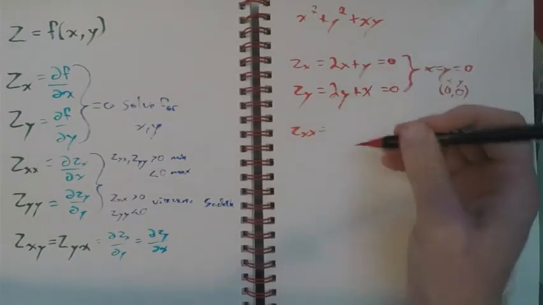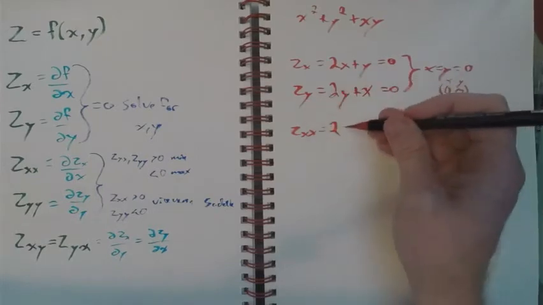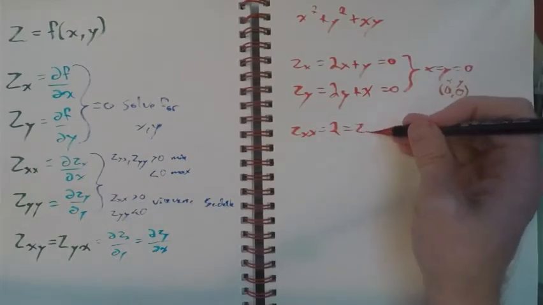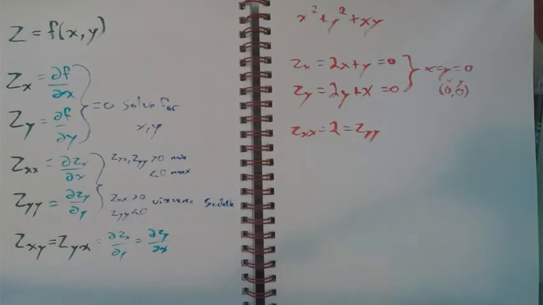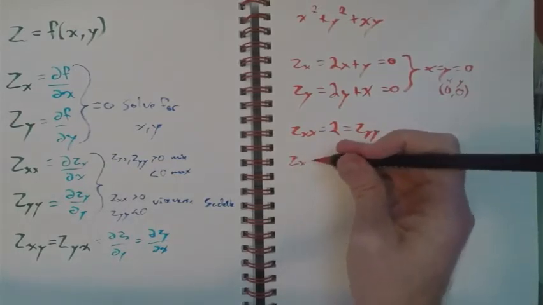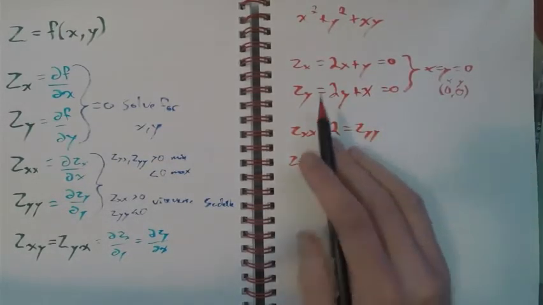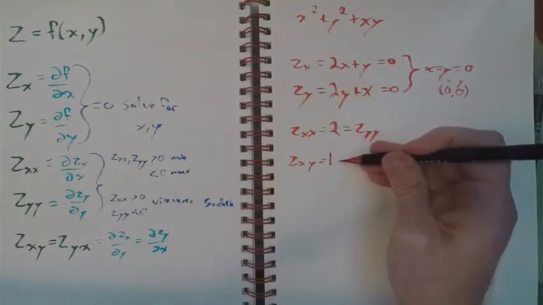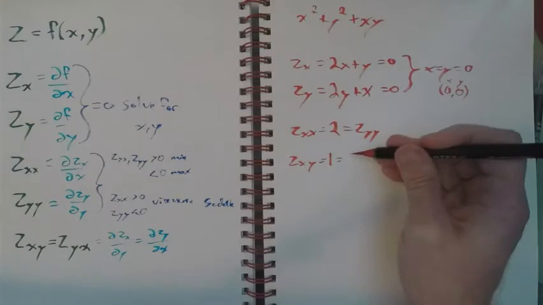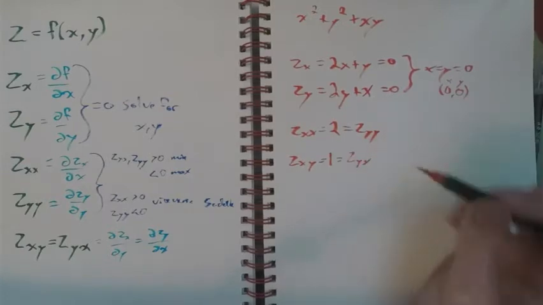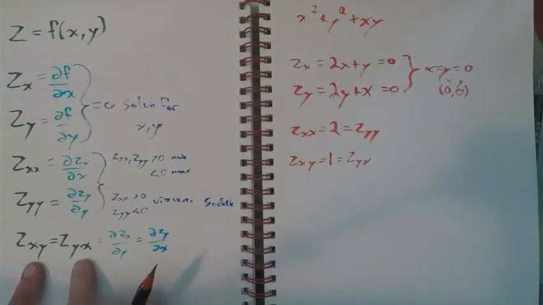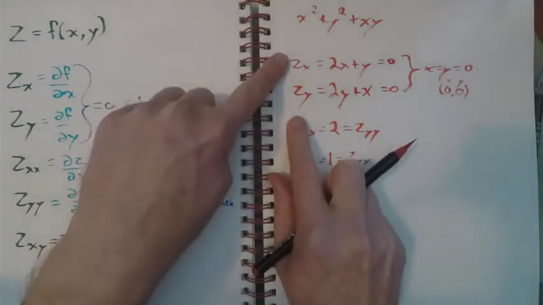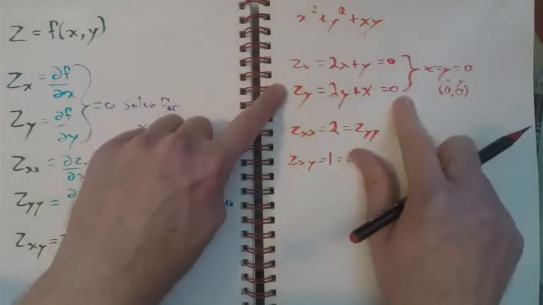Now, let's find zxx. What's that going to be? Well, that's just going to be 2. Zyy is also going to be 2. And then zxy, what's that going to be? Well, the derivative of this with respect to y is 1. And that's also the same as zyx. I should mention that we're always going to see the cross partials are the same. We are always going to see that zx equals 0, zy equals 0.